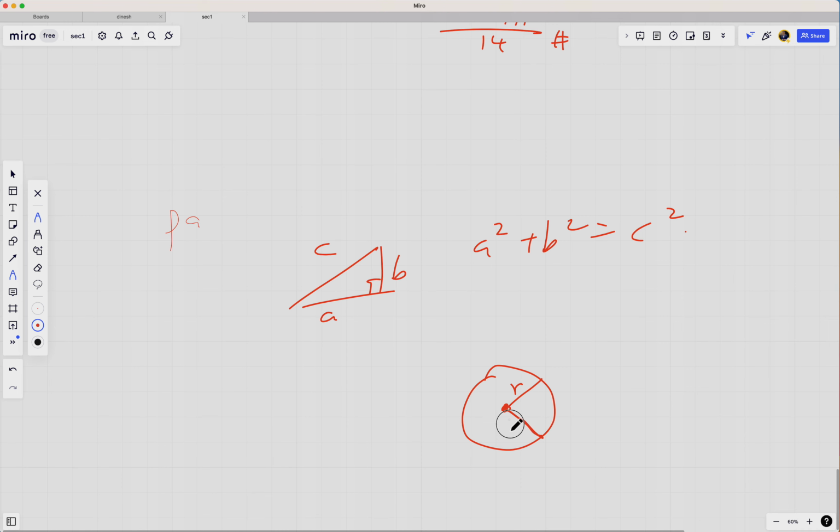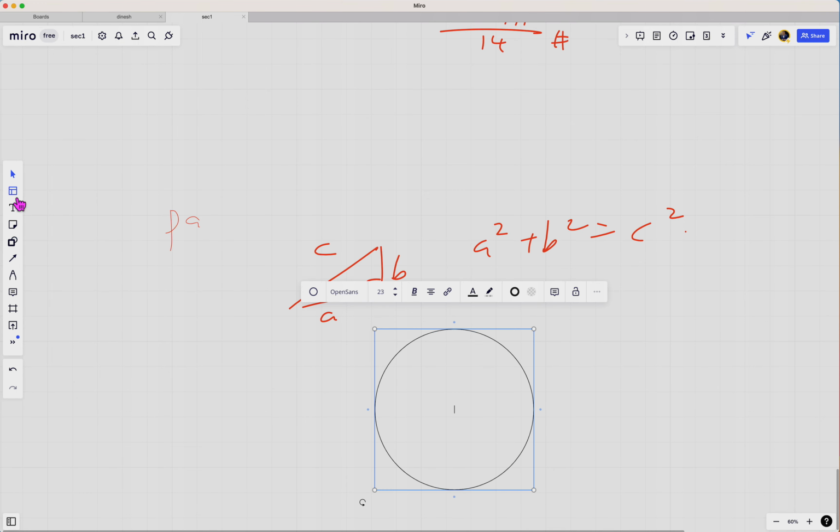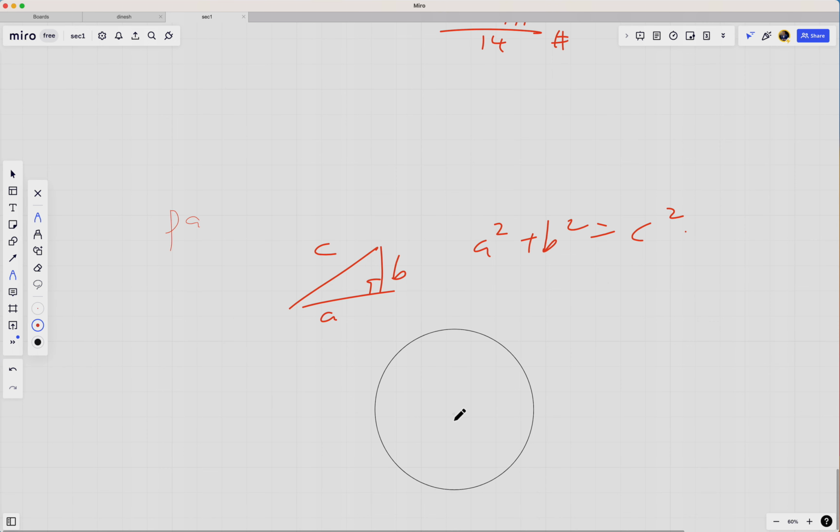So this is radius, this is radius. Wow, this one's so ugly. I need to use the tool here. Why don't they give me a straight line? Give me a straight line, please.